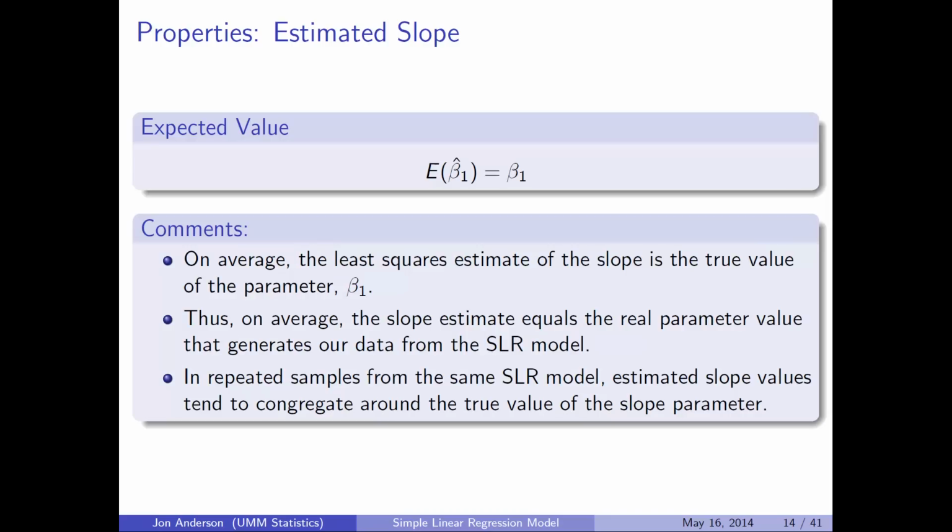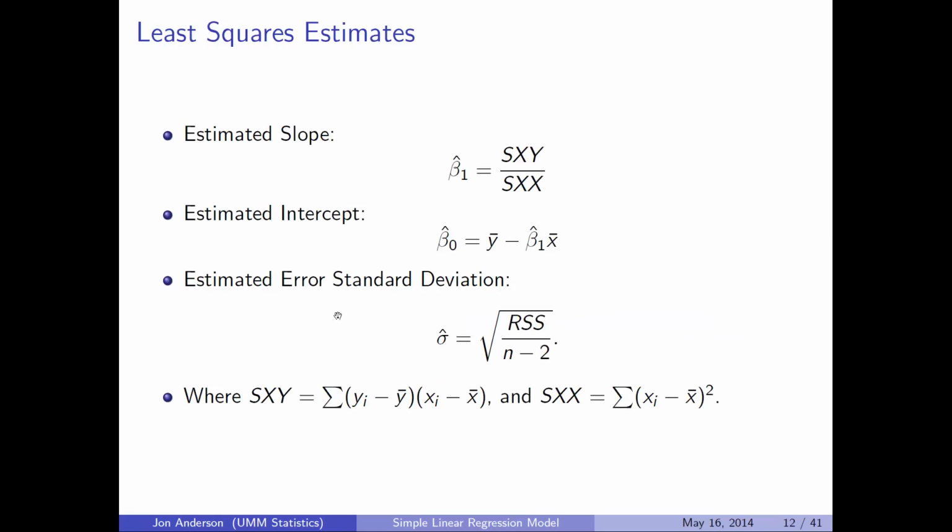The first statistic or parameter estimate we're going to study is that for the estimated slope. So there is an estimation system right here for producing a guess as to what the right underlying slope might be that created these data, and this formula defines it.